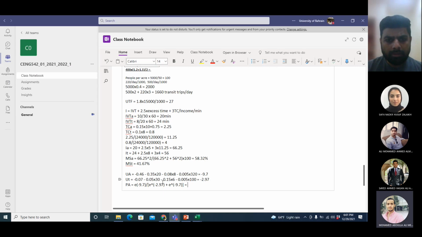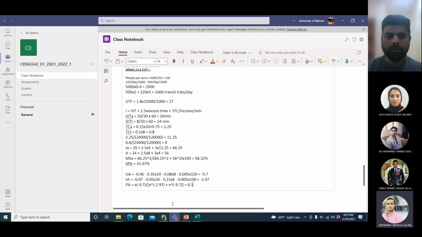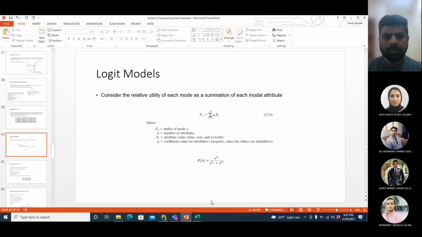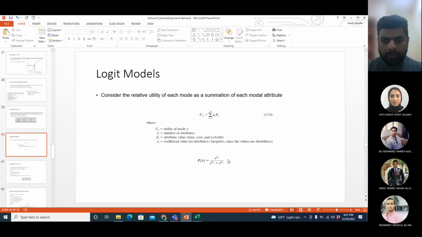And these values are correct, right? Okay, so 0.00 means 0.1% basically, right? 0.1%. So the remaining is 99.9%. Auto on the top, right?